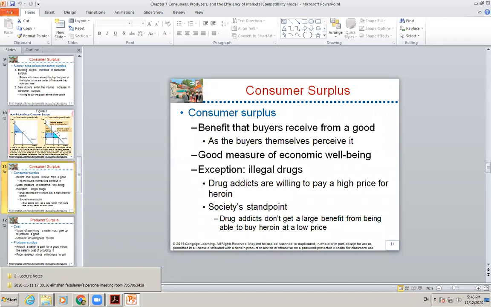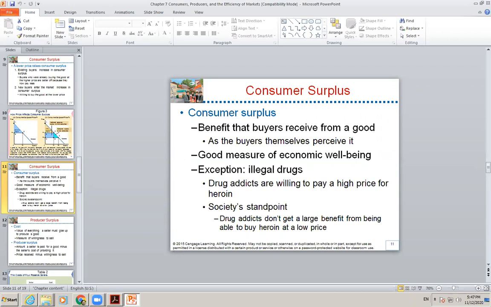But it doesn't necessarily mean it will be exactly the same from the perspective of another customer. It changes from customer to customer. For somebody else, he might be willing to pay $1,300, but actually he pays $1,200. So for him, the consumer surplus will be $100 only.